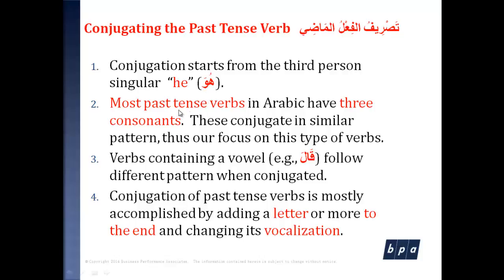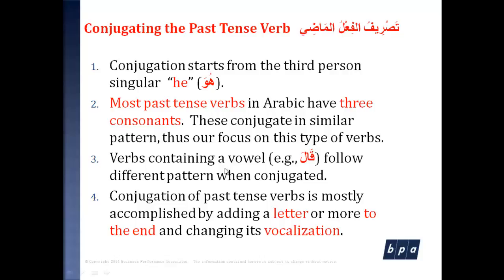Most past tense verbs in Arabic have 3 consonants, so basically 3 letters that are non-vowels. And these verbs conjugate in similar pattern. So our focus of the lesson would be on those.